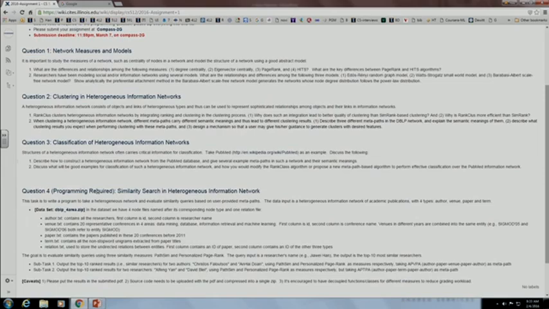For this programming assignment, you are mainly doing similarity search in heterogeneous information networks, which we are going to discuss in the lecture next week. But there's one interesting thing we tried, because the TA himself actually tried the assignment, not just asked you to do it.